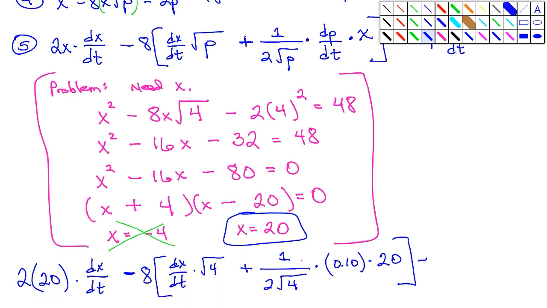So it's minus 4 times p, which is 4, times dp/dt, which is 0.10. All that's equal to 0.